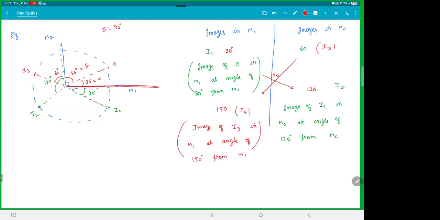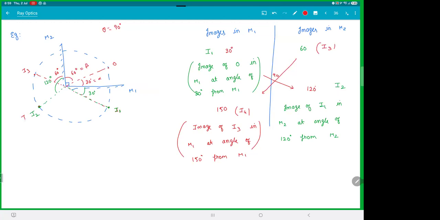Meaning from M1, I have to put 150 degrees. So this will be 90 there. How much will that be? So we already know this is 120. This was 90. The remaining is 150 actually.